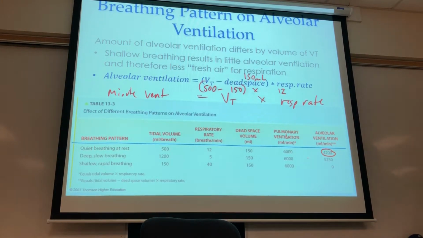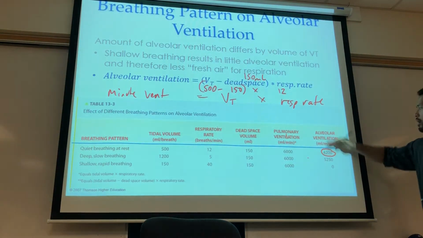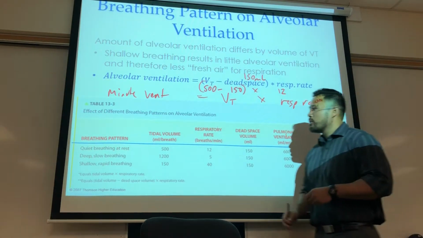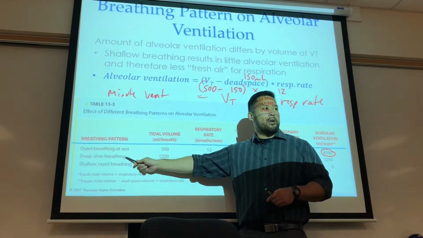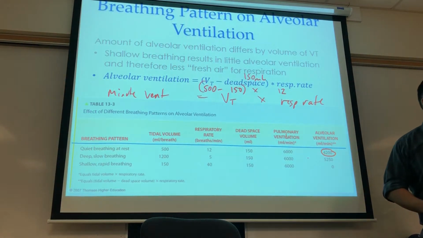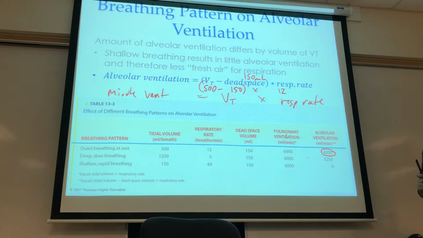Now let's take a look at other breathing patterns that could play a role on alveolar ventilation. Let's take somebody who does deep, slow breathing. What would we expect? We should see an increase in their tidal volume and a decrease in their respiratory rate.